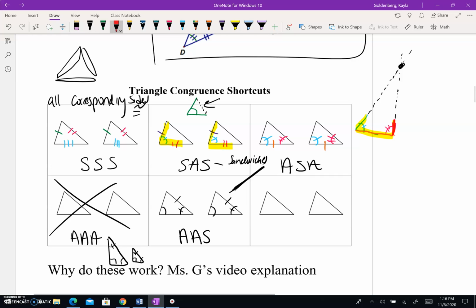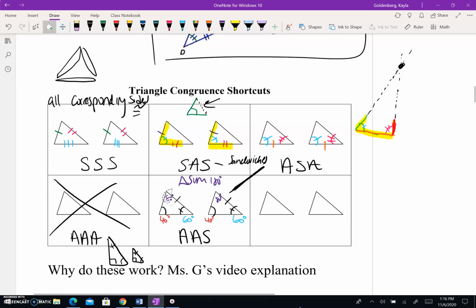If I know specific angle measures, like this is 40 degrees and this is also 40 degrees, and this is 60 degrees and this is 60 degrees, we can use the triangle sum of 180 degrees: 40 and 60 is 100, so this is 80 degrees and this is 80 degrees.